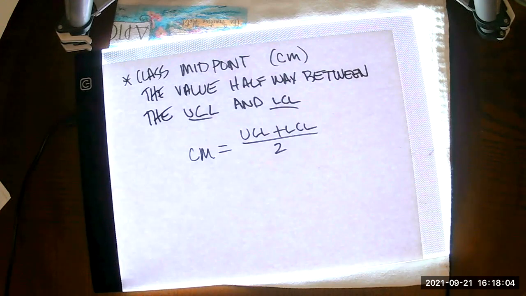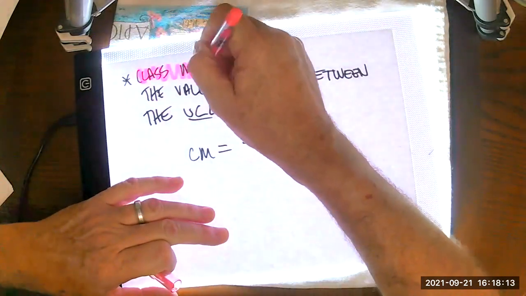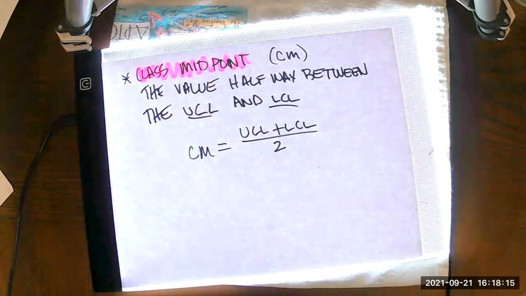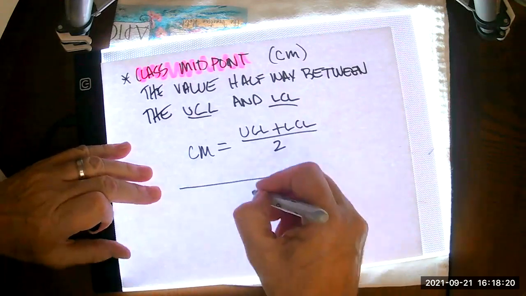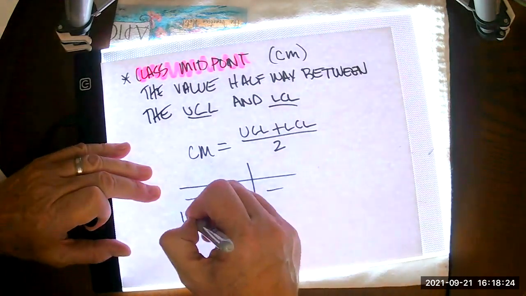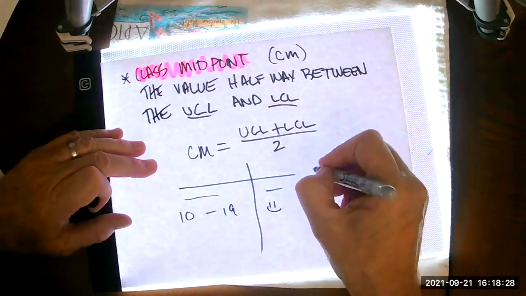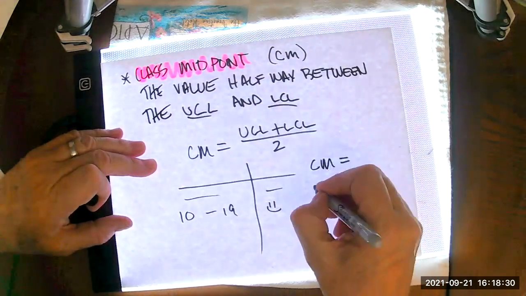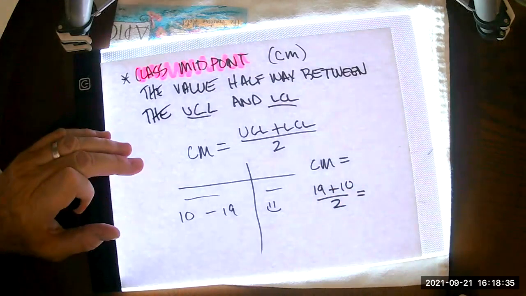You need both an upper and a lower class limit clearly for this definition to work, but in reality, it's not a very difficult calculation to make. I'll run through a very quick example here using some of the data from that previous table. Class number 2 went from 10 to 19 with some frequency. So the class midpoint is equal to 19 plus 10 divided by 2.